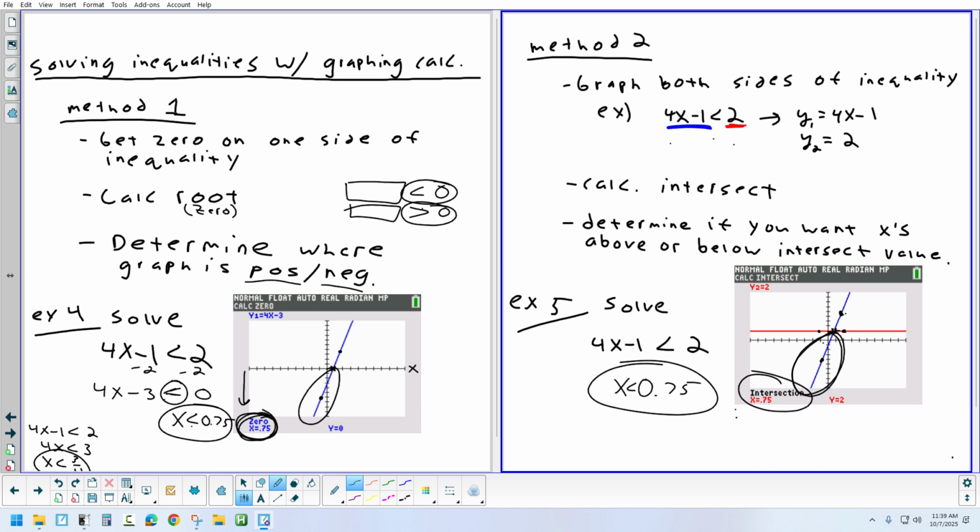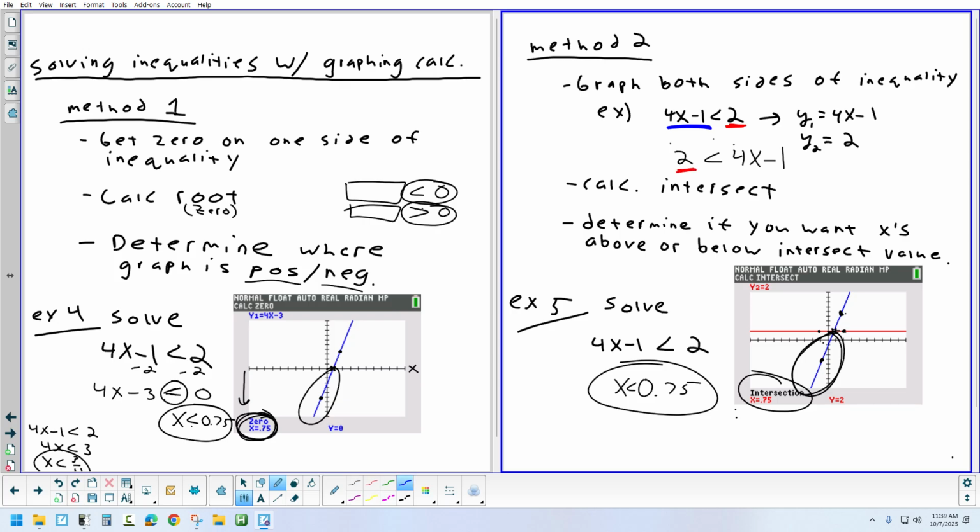Yes? Is the inequality symbol always just going to be the same as the equation when we graph it? Well, if you wrote your problem like that, you've switched around what's on each side.